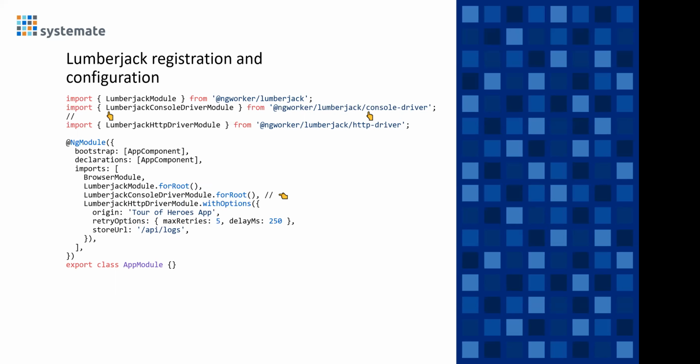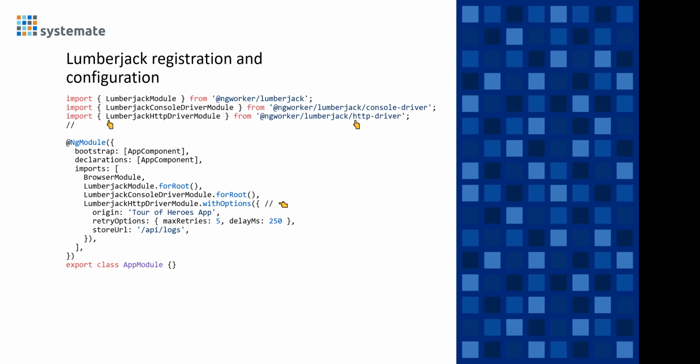So that is registered in the same way. It has a Lumberjack console driver module with a static method called forRoot. So by calling this method, the Lumberjack console driver will be activated, and you don't have to change any other places in your application code. This is the only place you mention the console driver.